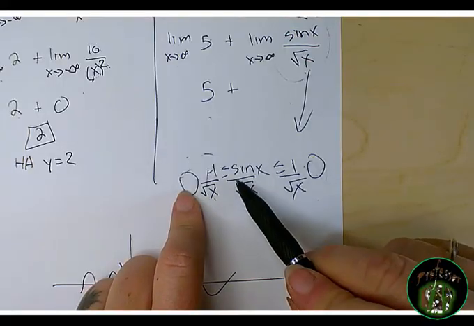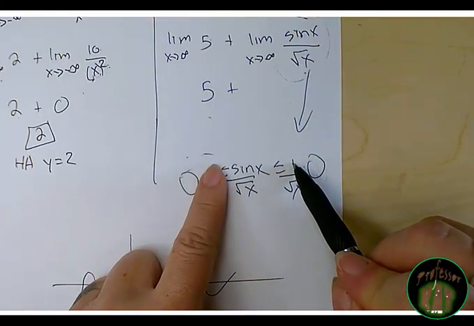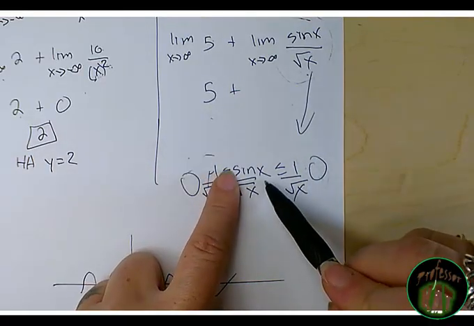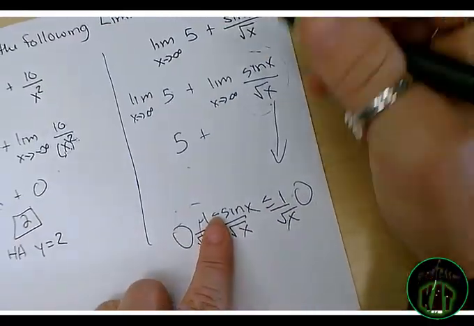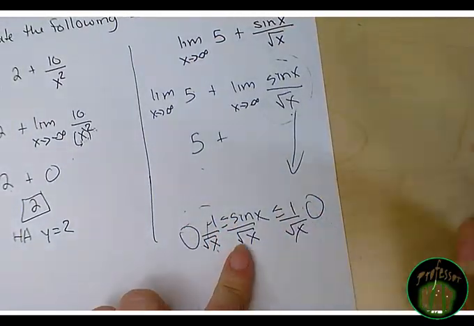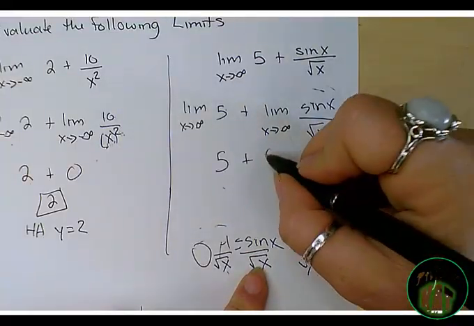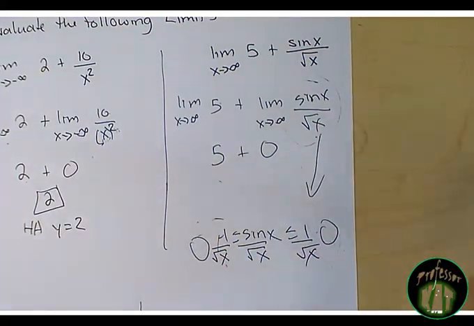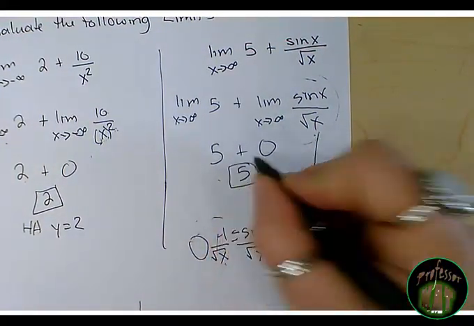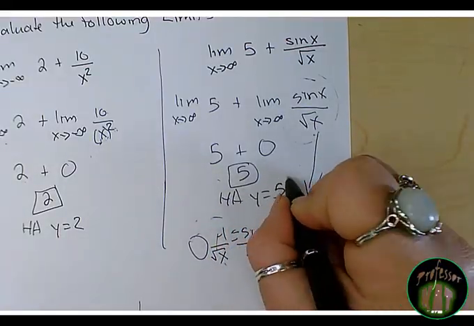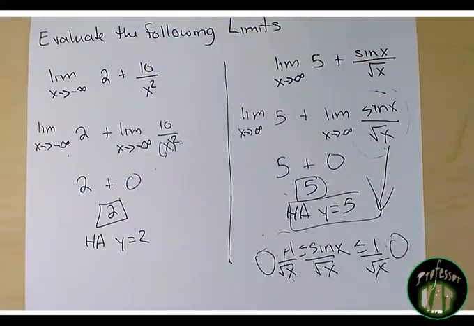If it's in between them and these two have limits of 0, it makes sense that what's in between them is also 0. So by the squeeze theorem, the limit as x approaches positive infinity is 0, making the limit equal to 5, which tells us we have a horizontal asymptote at y equals 5.